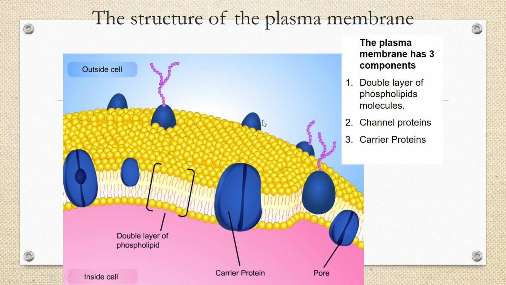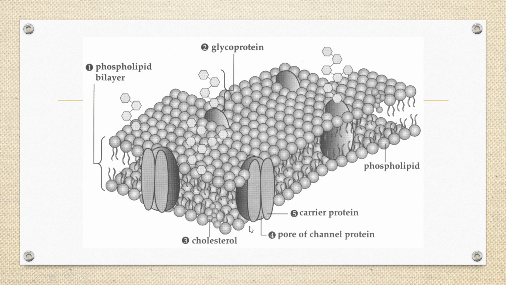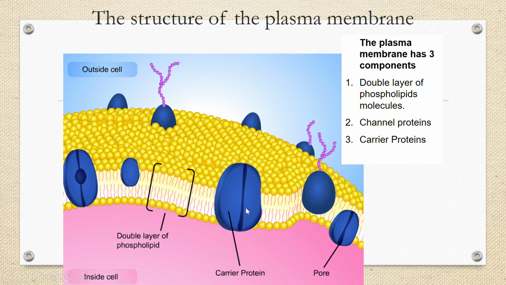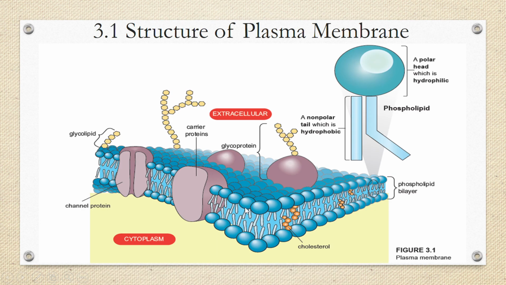Okay, also we have two types of proteins over here. The channel protein, usually you see the channel over here. Let's see if we have another picture of protein to differentiate that.